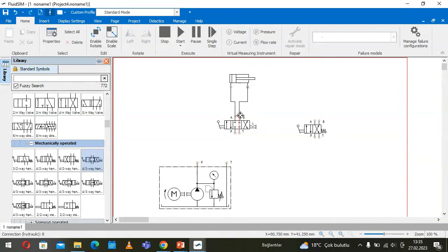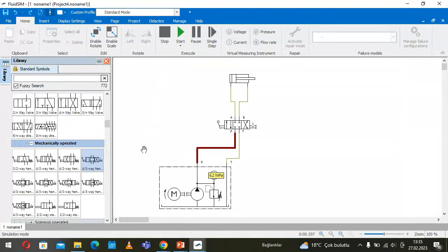I established the connection here. Okay, so like this. And I have to take out here. This is, of course, a 4/3-way valve. That means 4 connections and 3 positions.